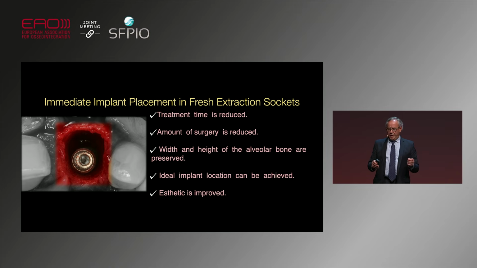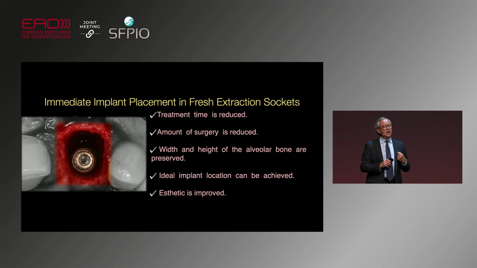So let me finish by stating that if I have to ask these questions, and if I have to choose this particular surgical protocol, indeed I will choose immediate implant placement because the treatment time is reduced, because the amount of surgery is reduced, because I can maintain most of the width and height of the alveolar bone if I know exactly in which circumstances I need to graft, and always allowing for an ideal implant position.